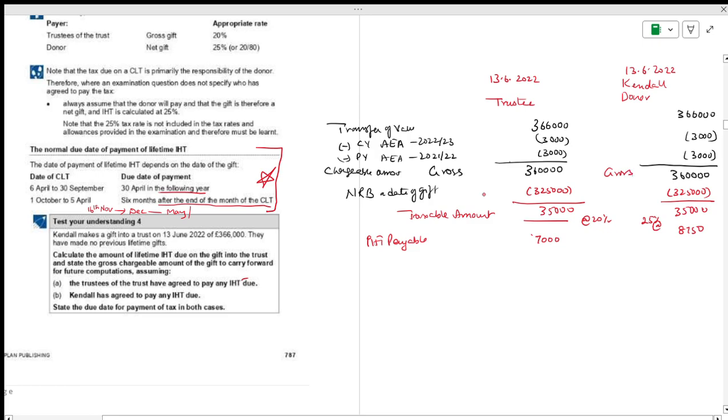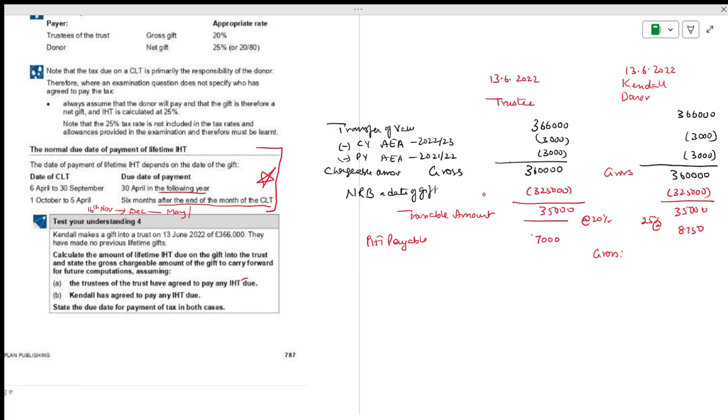Now we are going to say gross. Now what is the rule of the gross? 20 by 80. Is it right? How much is the gross?